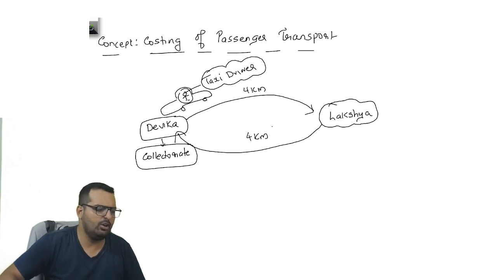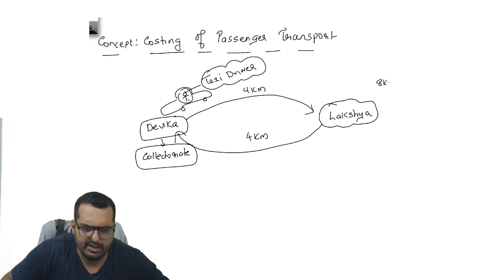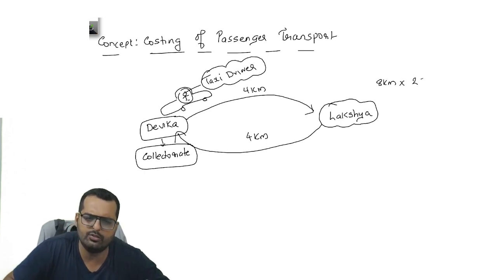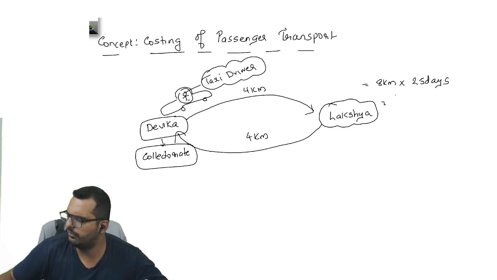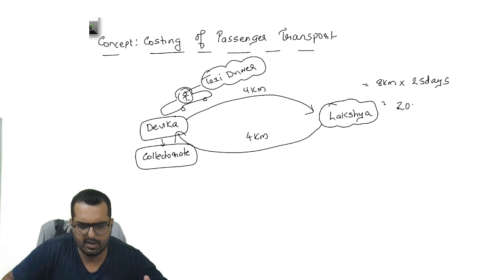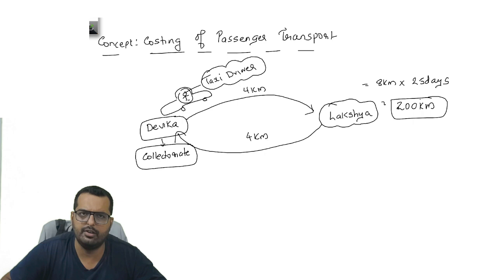So daily 8 kilometers. Let us assume you are having a 25 days class. So how much is 25 days into 8 kilometers? Can't we get the answer as 200 kilometers then, friends? So 200 kilometers of travel will come, onward and backward.